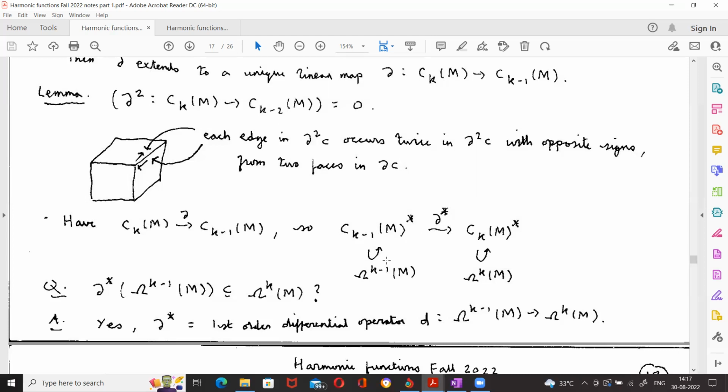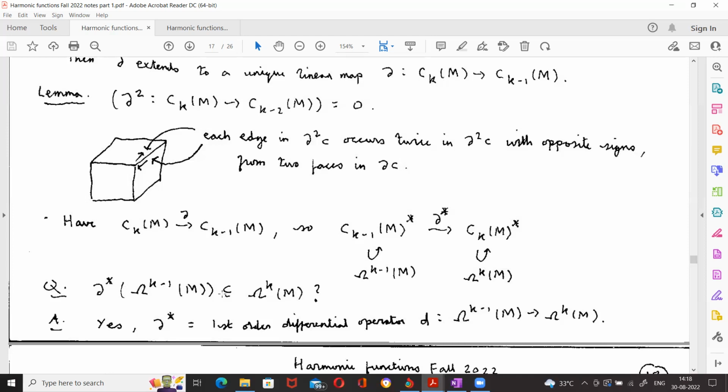Now sitting inside the K minus 1 cochains, we have the K minus 1 forms. And sitting inside the K cochains, we have the K forms. So a natural question is, does the dual of the boundary operator send the subspace of K minus 1 forms into the subspace of K forms?